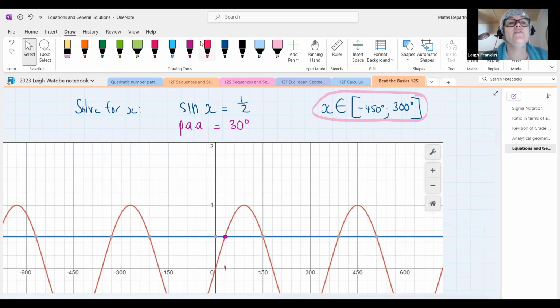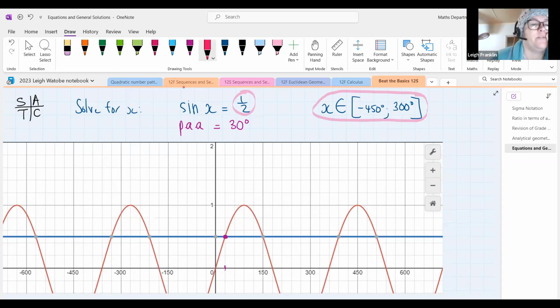Because if we look at the sign of our ratio, we can see that it's positive. So now, going back to the CAST diagram, there are 2 places between 0 and 360 where sine x is positive: quadrant number 1 and quadrant number 2.